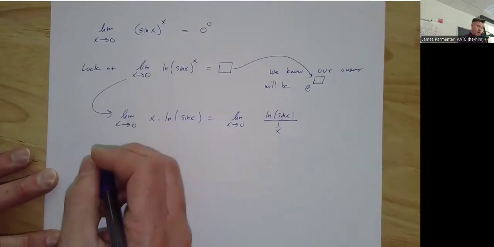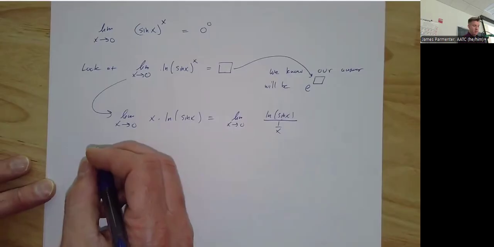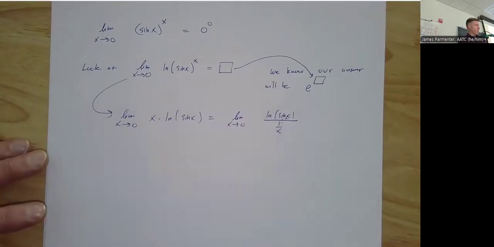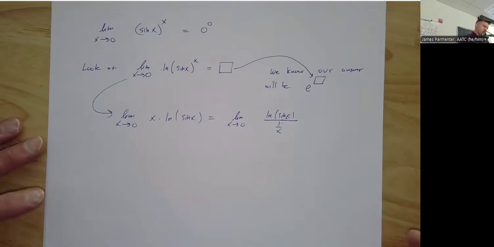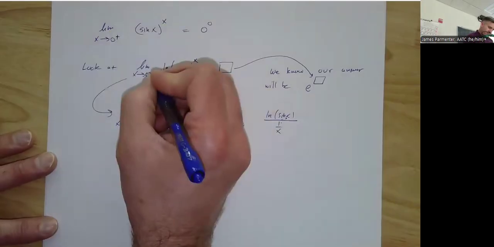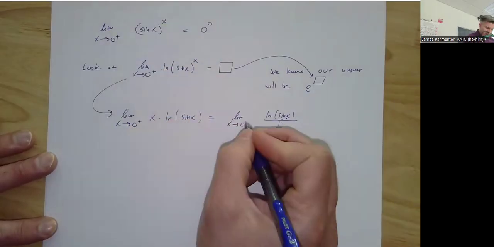So now I can use L'Hopital's rule because my natural log of 0 is going to negative infinity and my 1 over 0 is going to some sort of infinity. I should be worried about something: this should be a limit as x approaches 0 from the right. Why do I need that?